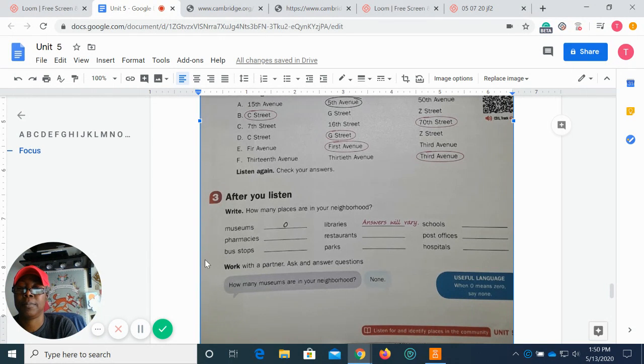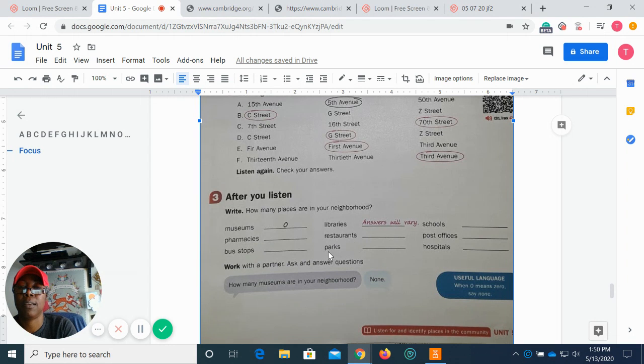Pharmacies. Bus stops. Libraries. Restaurants.